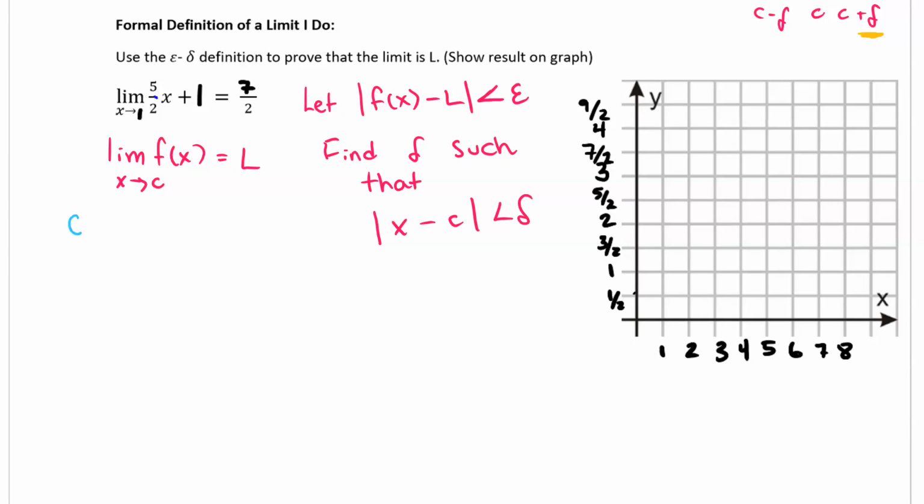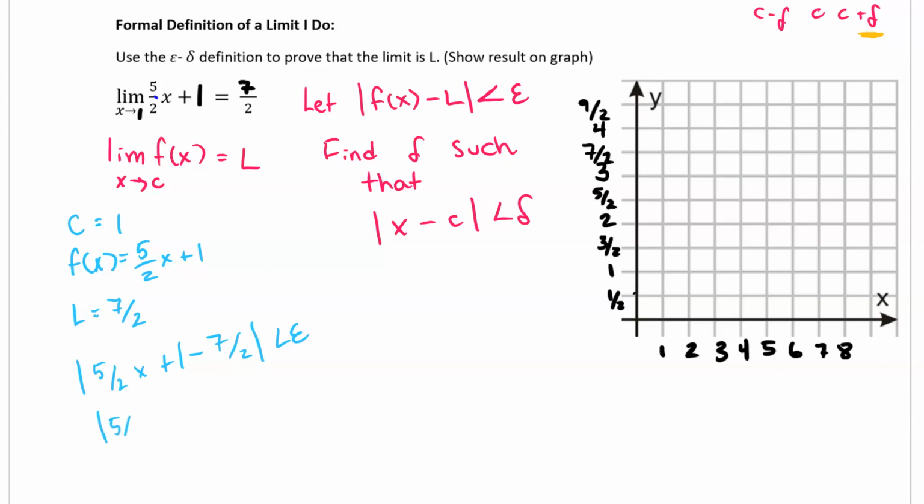So here my c, if I look up at the top, as x approaches 1, my f of x is 5/2 x plus 1, and my L is 7/2. So when I set up the first part, I've got |5/2 x plus 1 minus 7/2| less than epsilon. Combine your like terms.